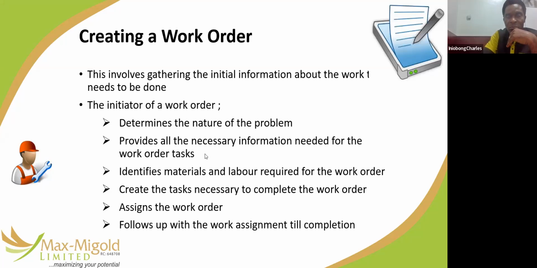By the time you create the work order, you write everything you want to put inside the work that is to be done, you assign it to your technician, you follow up till the job is completed. One other area to complete this cycle is to ensure that the occupant or the customer acknowledges completion of work. But sometimes we just do the work and we don't get to that part of the closure of the work order.